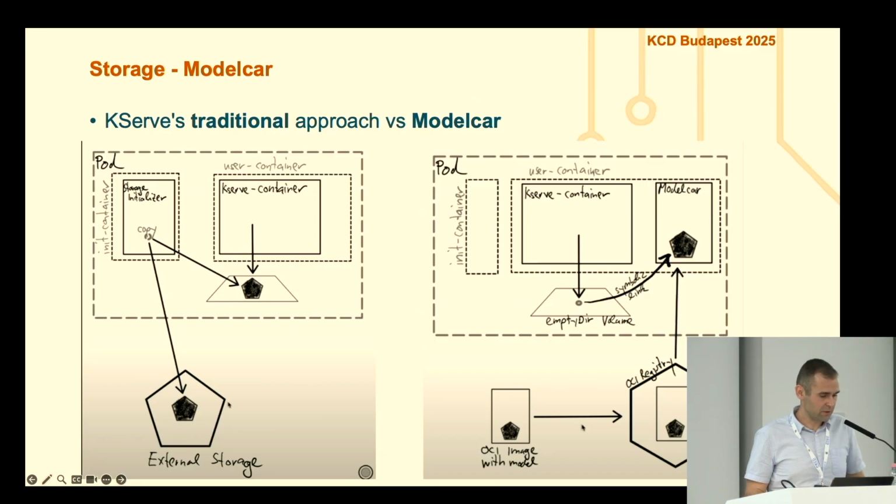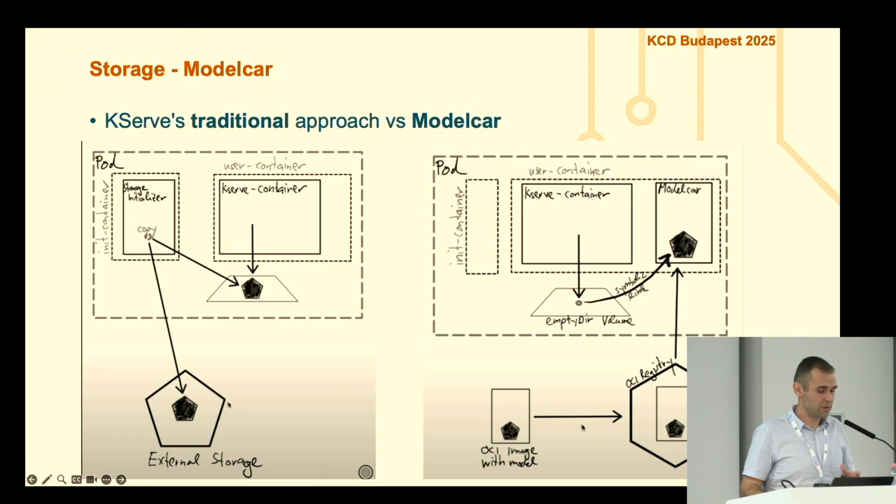We have a storage initializer init container, which is responsible for copying and loading the models from an external storage to a mounted volume. This process is good for small models, but becomes a bottleneck for larger ones like LLMs, significantly delaying startup times in normal or auto-scaling scenarios.